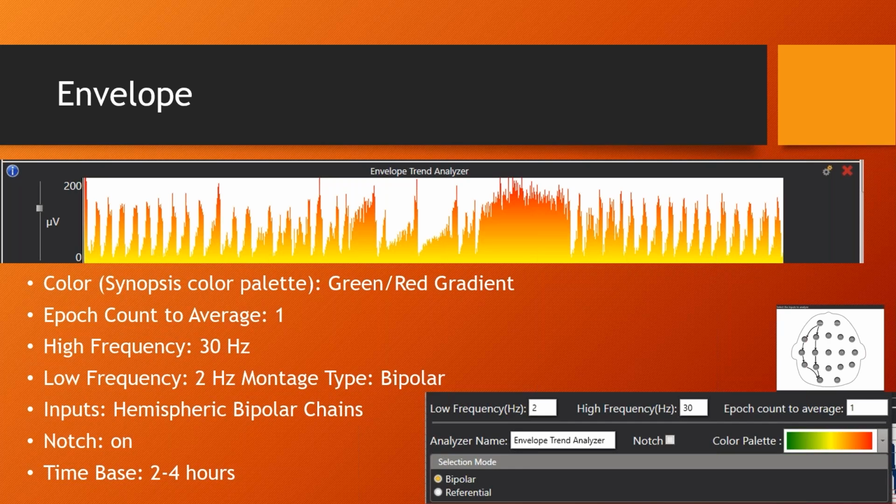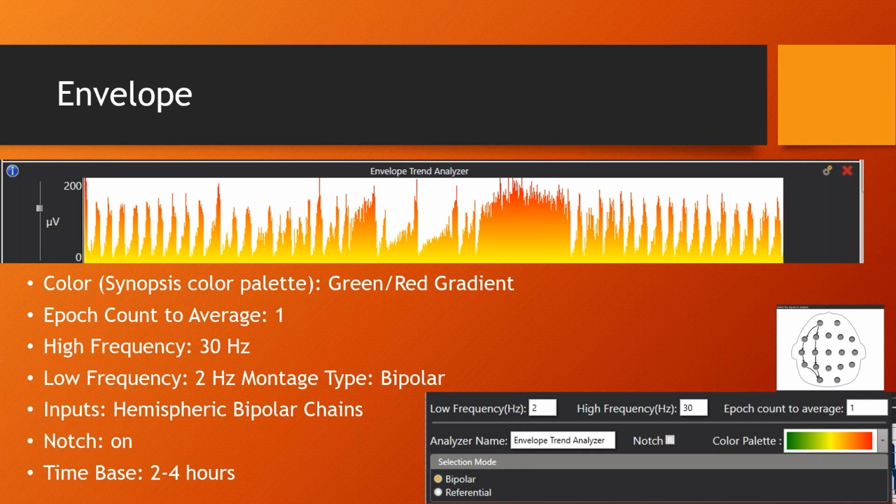If, for instance, I had something where I lost an electrode, let's say I lost FP1, or maybe I've got a tremendous amount of eye artifact, I can take FP1 out of the trend, and I can simply go to my settings, the little cogwheel that you see in the upper right-hand corner of that trend window, and I can make the changes to take FP1 out, or I could change the frequencies that I'm including in the envelope trend. Again, it's not a frequency trend, but we've got to set our window.